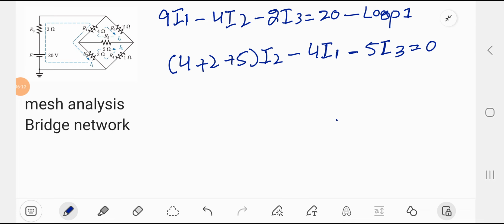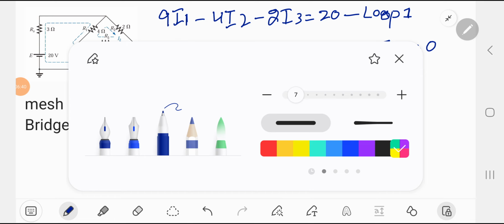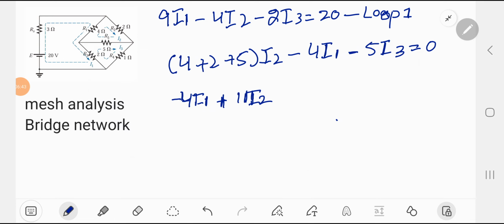If we simplify this equation, it will become like this: minus 4I1 plus 11I2 minus 5I3 is equal to 0.